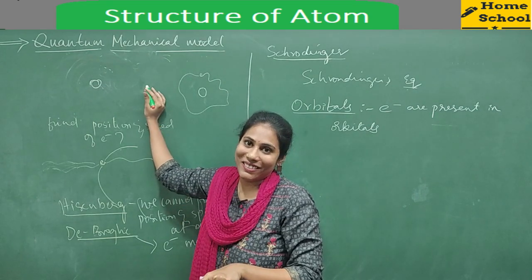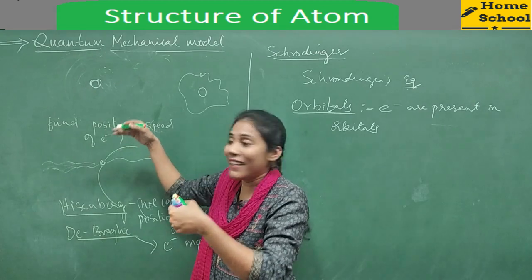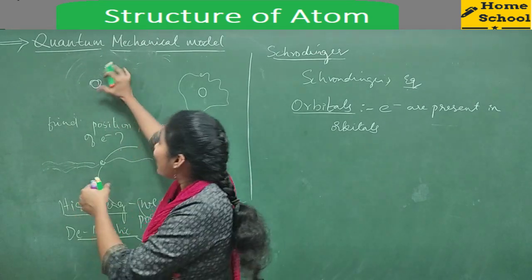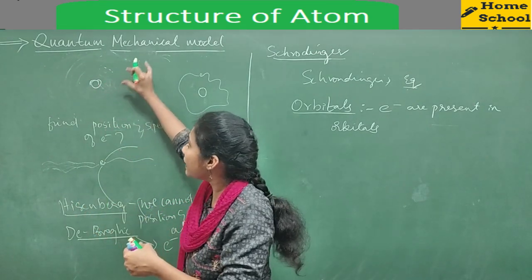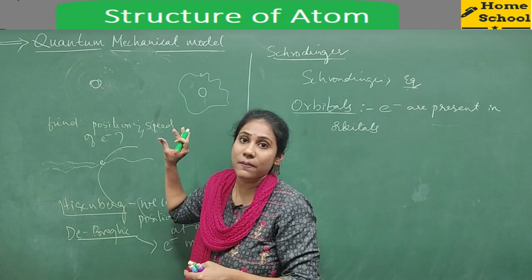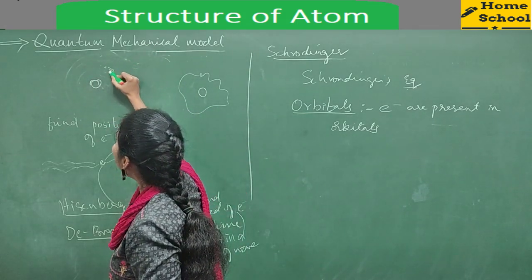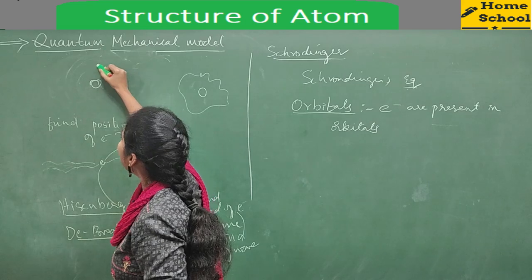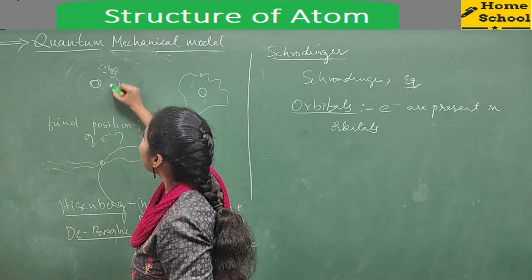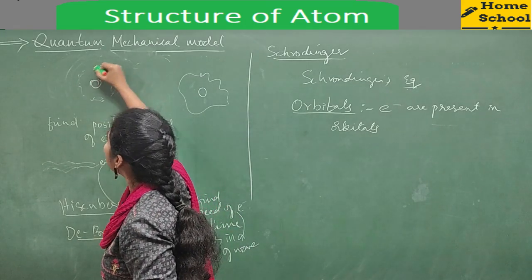the electron. So if you want to find the electron, you can specify one particular area, one particular region around the nucleus. Imagine you have an electron, and this electron is moving in this particular space around the nucleus.